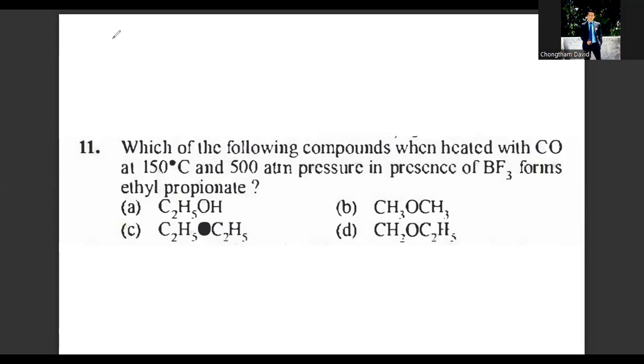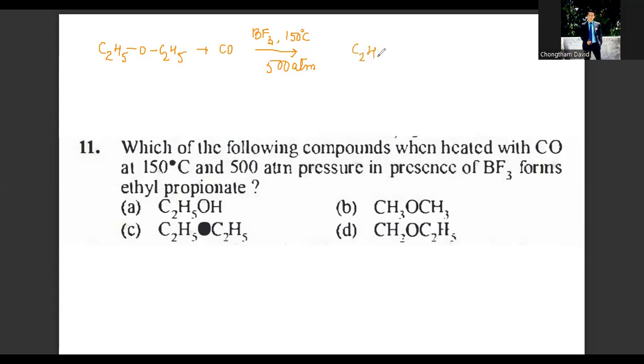Let us see the reaction. Diethyl ether. This is a simple ether because the alkyl groups present on the ethereal oxygen are the same. Now let us react this with carbon monoxide, which is quite acidic in nature, in the presence of BF3, an electron deficient compound, at 150 degrees centigrade and a high pressure of 500 atmosphere.